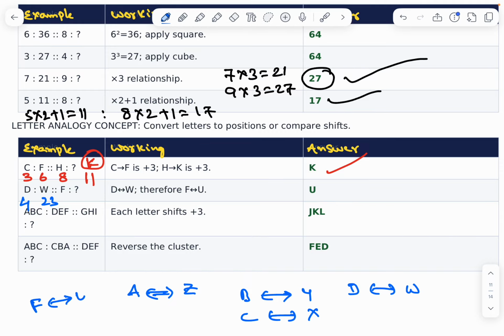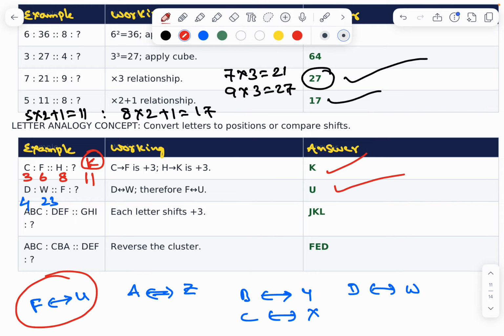F represents U. This is the answer. Next. Okay. Next question.